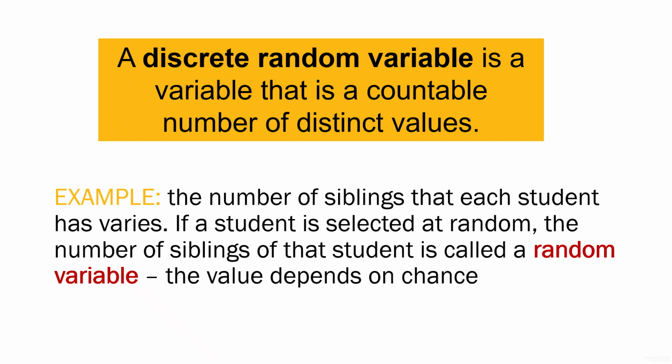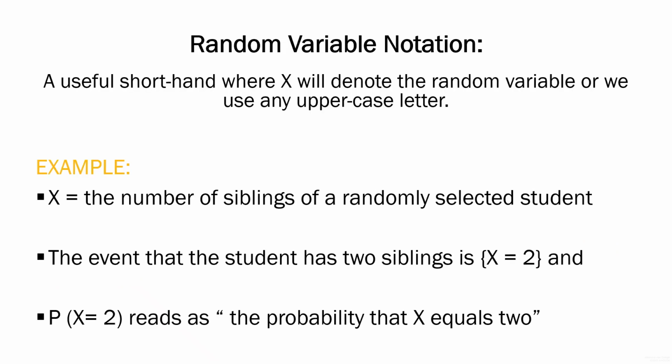An example of that is the number of siblings that each student has will vary. If a student is then selected at random, the number of siblings of that student is called a random variable because it depends on chance. And we have some random variable notation, which is a useful shorthand where we'll have an uppercase X denote the random variable, or you can use any uppercase letter that you would like. So, for instance, we could use X to denote the number of siblings of a randomly selected student.